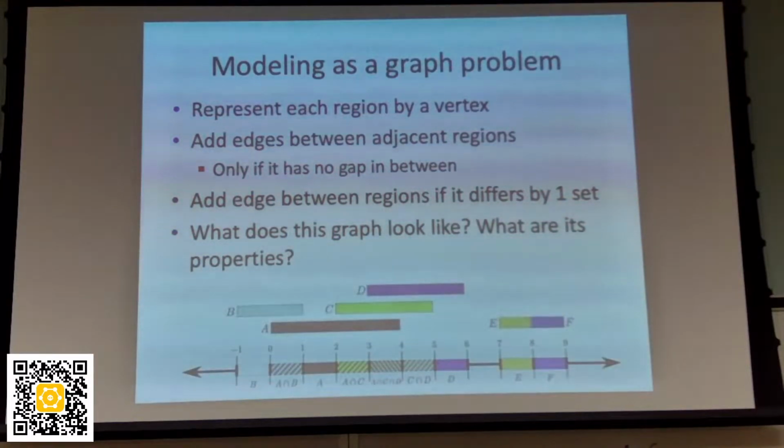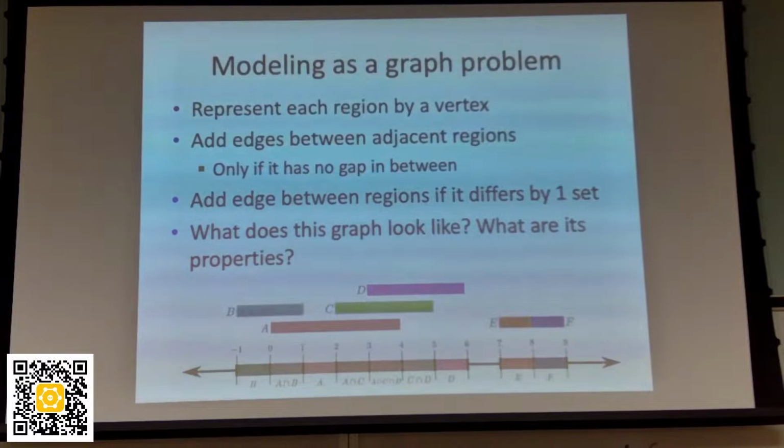It would, of course, be adjacent to A or to B. Can it also be adjacent to A intersect B intersect C? Is this possible? Here I've added one, here I've subtracted one, right? Can this be part of my graph? Is this even possible?